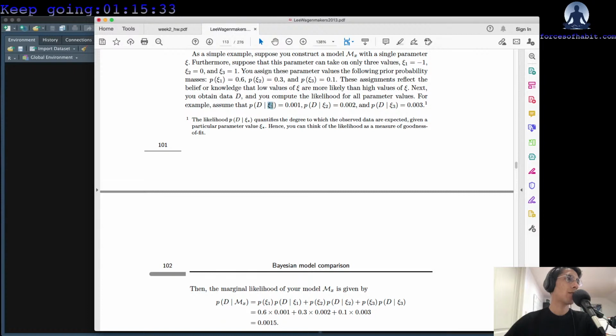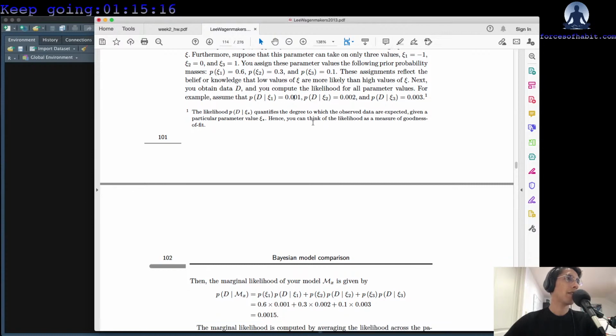So given this particular parameter value, the probability of the data given this parameter value. It's like, how well did this fit what we expected based on our prior beliefs of the value of this parameter? And we have these 3 associated likelihoods.